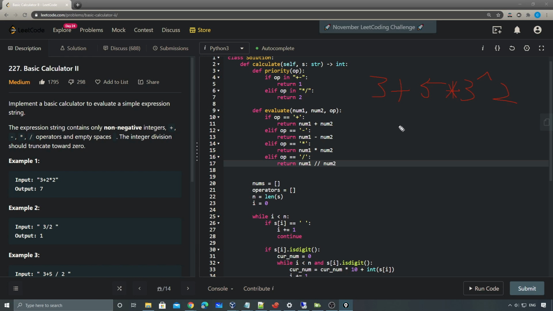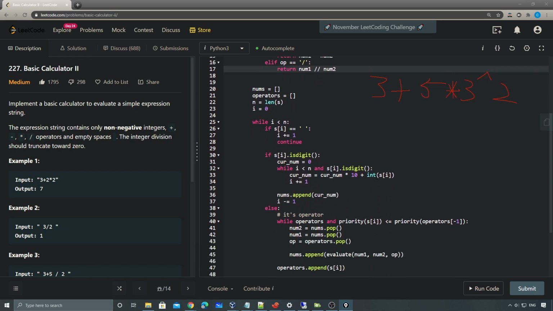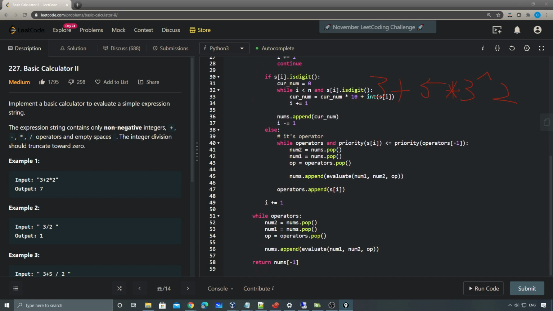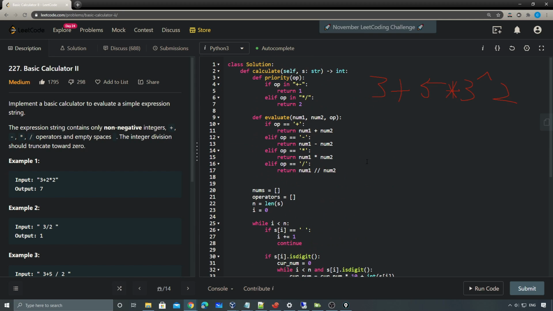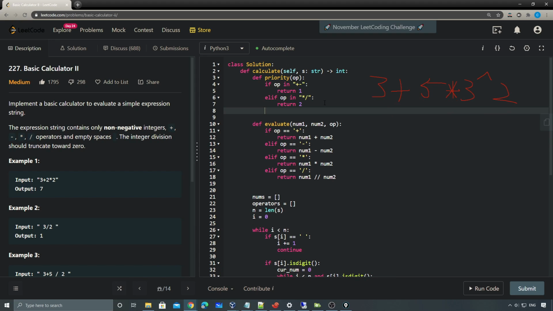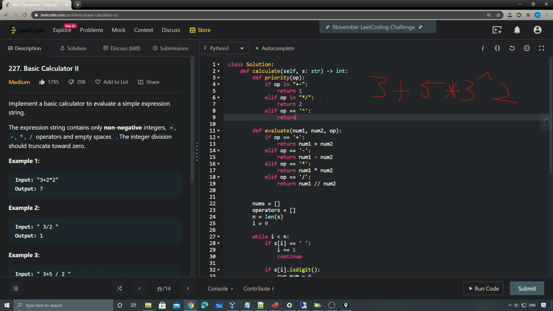I think the fix is pretty straightforward because we have been taking care of these things here. We have a while loop here, so all we need to do is add another branch in the priority function. If this operator is equal to the power, then we simply return 3.